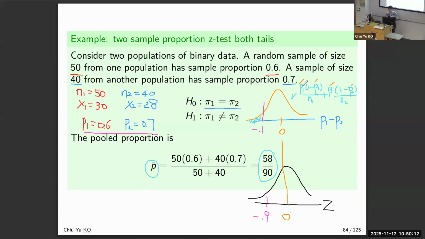N1 you know, N2 you know, P1 and P2 replaced by P bar, and you take negative 0.1 over the square root of this guy. So how can you do this? This area is the same as this area, so you will use norm.s.dist of negative 0.9, true. Because it's a two-tail test, you multiply by 2.